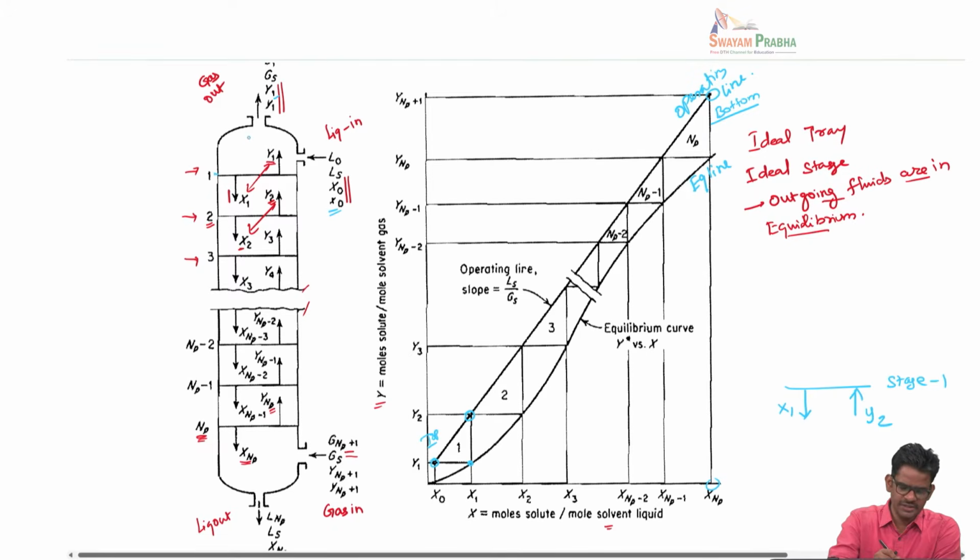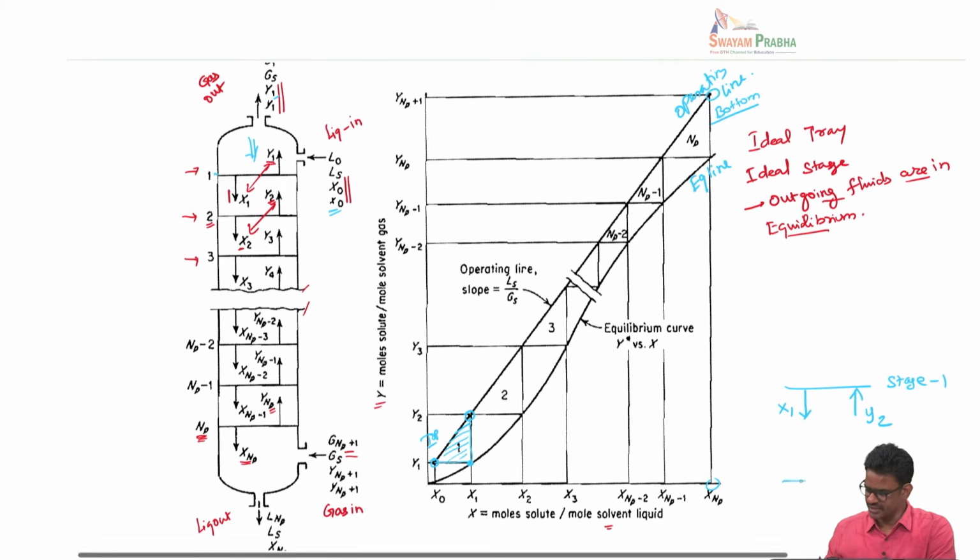The fluids that are coming into the first stage and the fluids that are leaving the first stage are basically this entire step, right? And it is also such that the two outgoing streams x1 and y1 are at equilibrium. So this particular step that I am talking about is the first theoretical stage, or ideal stage.